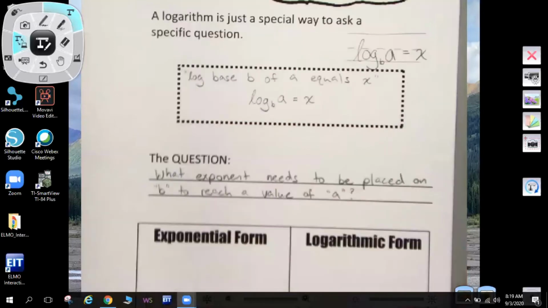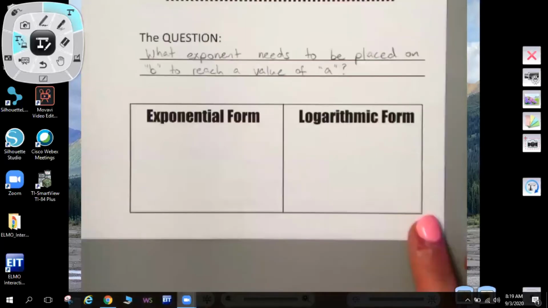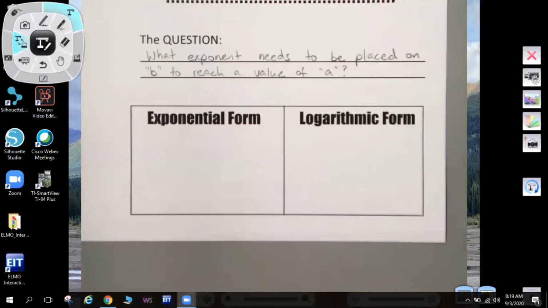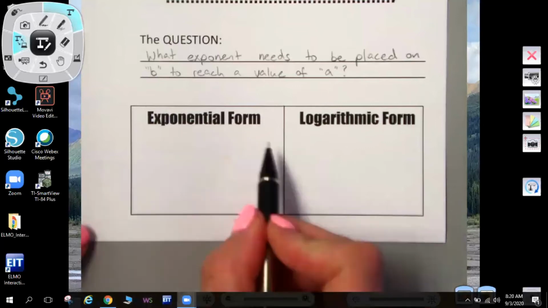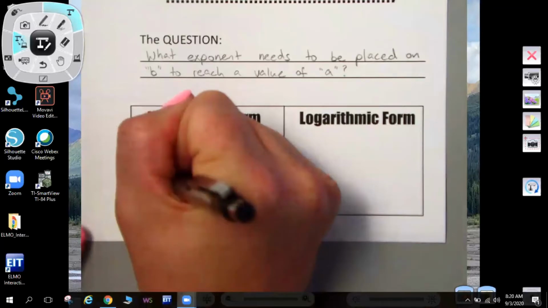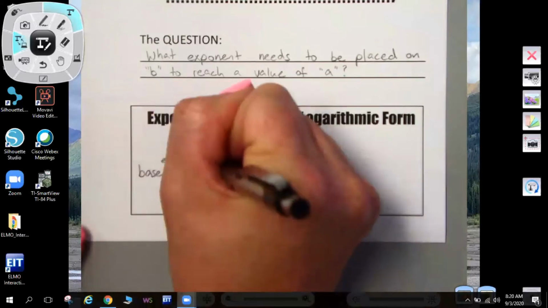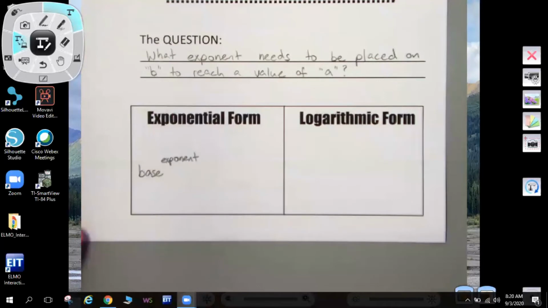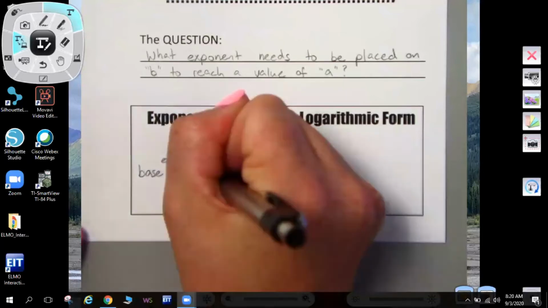I want to first look at the difference between exponential form and logarithmic form. You can switch back and forth between these two really easily because they have the same 3 parts in each. They're just in different spots. In an exponential equation, you have a base with an exponent. When you raise a base to an exponent, you end up with some number.